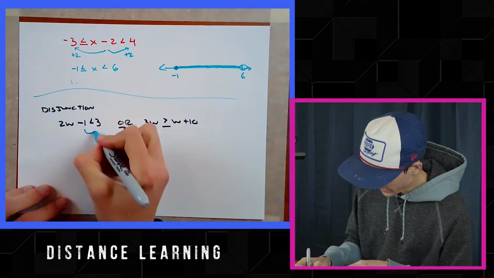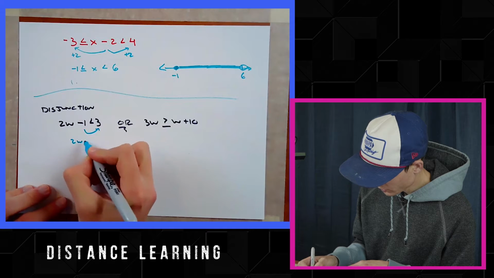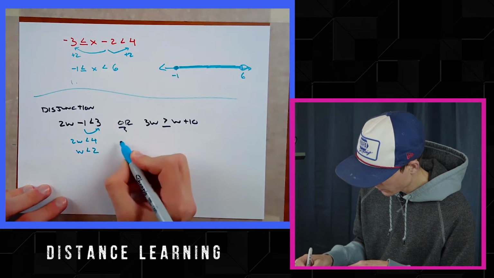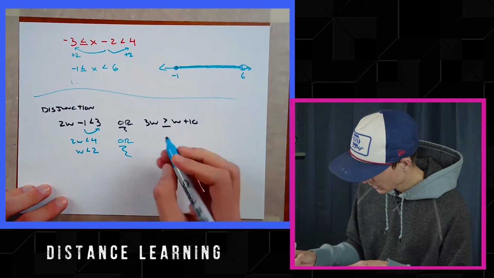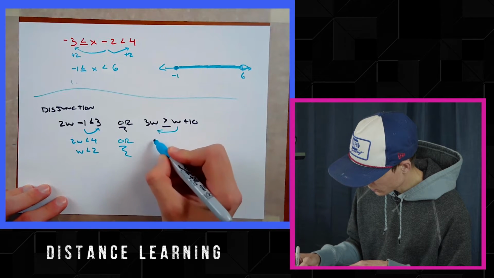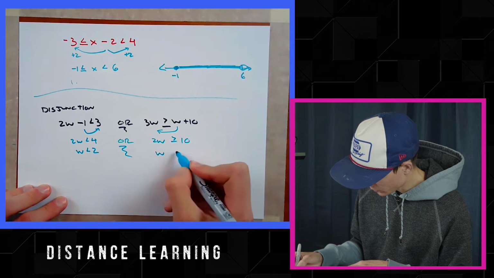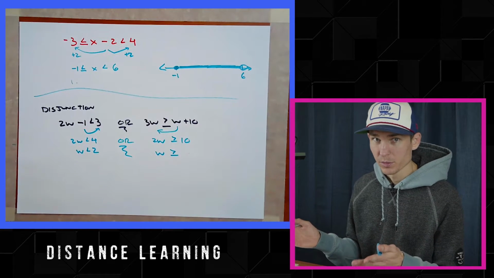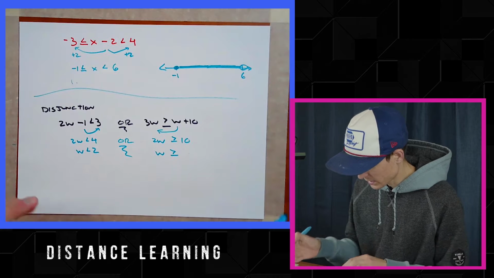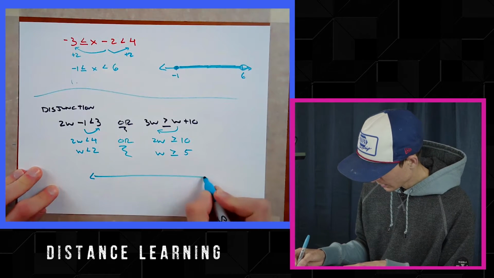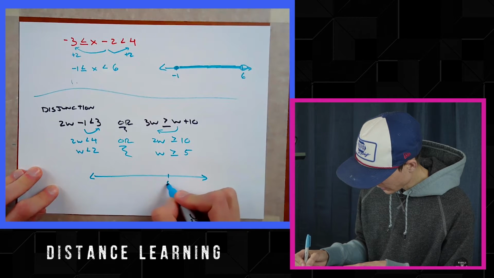I need to add 1, so I'll have 2w is less than 4, which means w is less than 2. Or I need to subtract w, so I will have 2w greater than or equal to 10, divided by 2, a positive number, so I don't need to flip the sign. w is greater than or equal to 5.